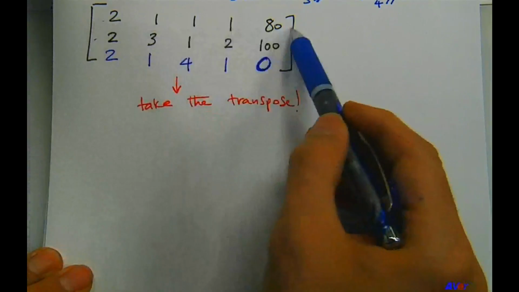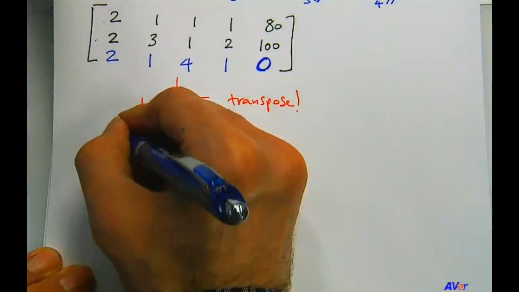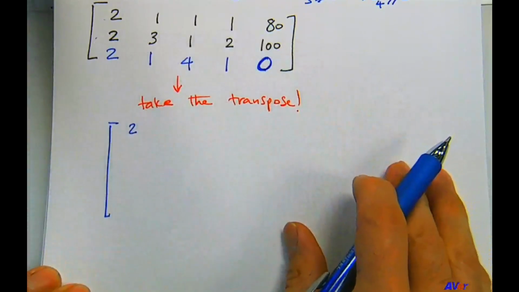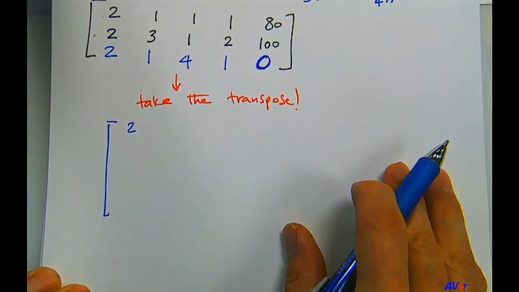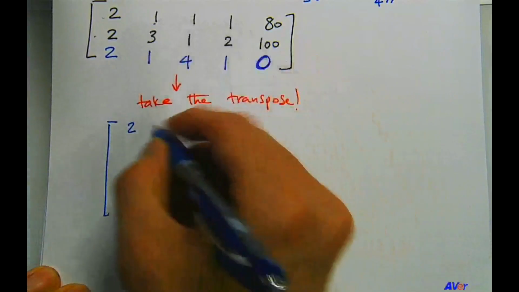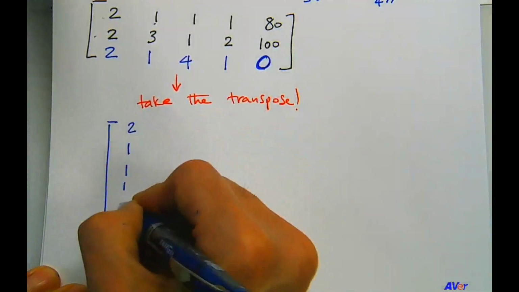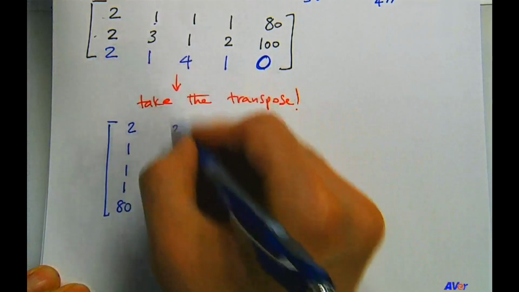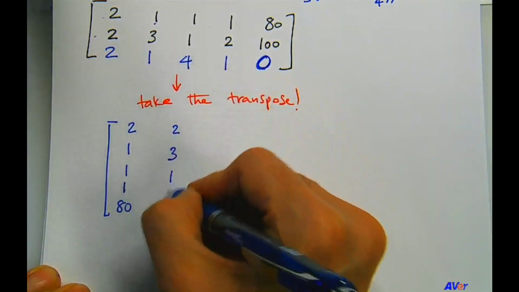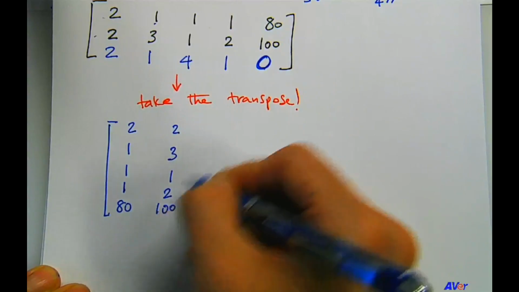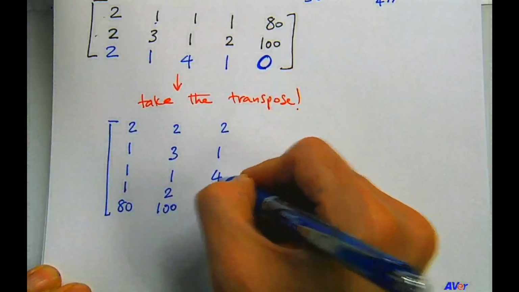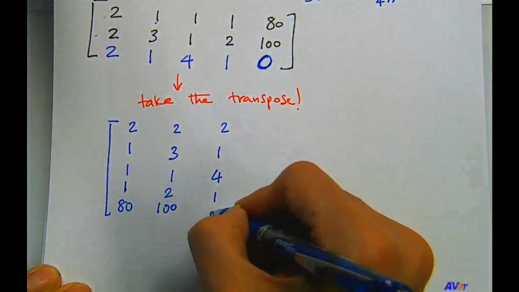So the first row becomes the first column. We have 2, 1, 1, 1, 80, then 2, 3, 1, 2, 100, and then 2, 1, 4, 1, 0.